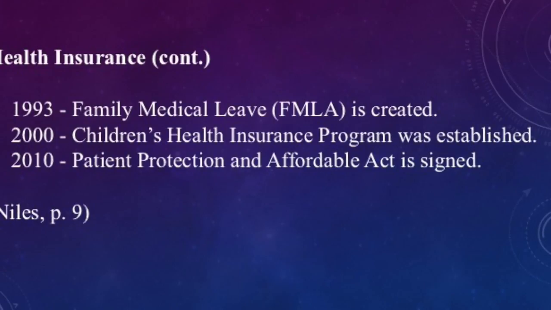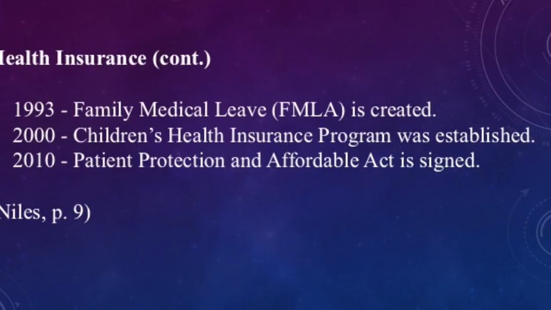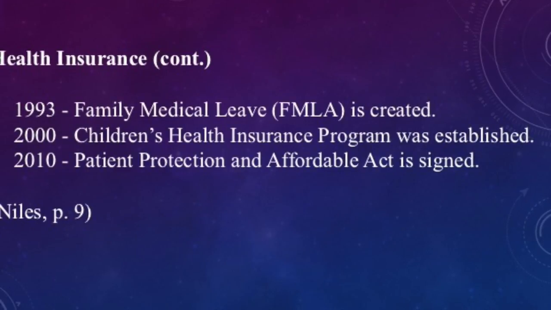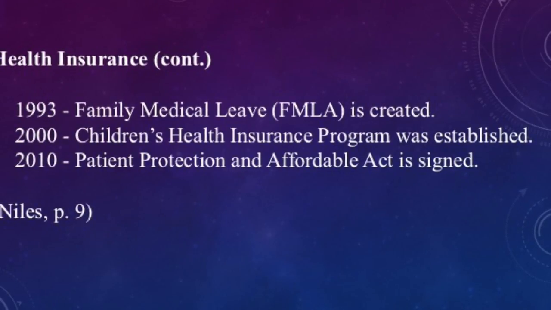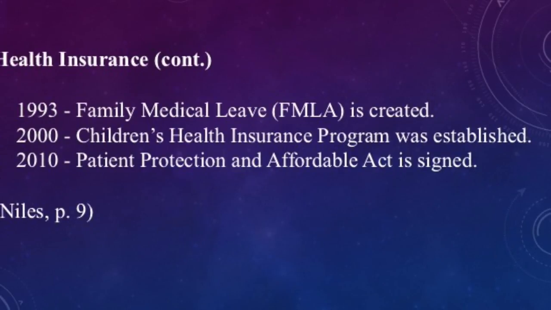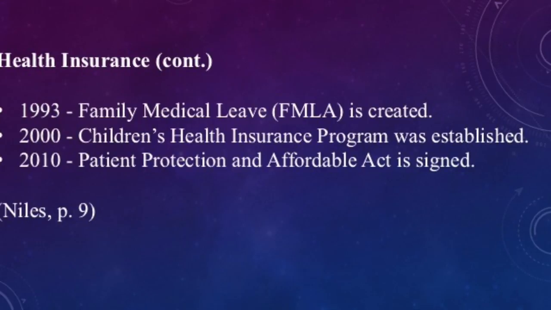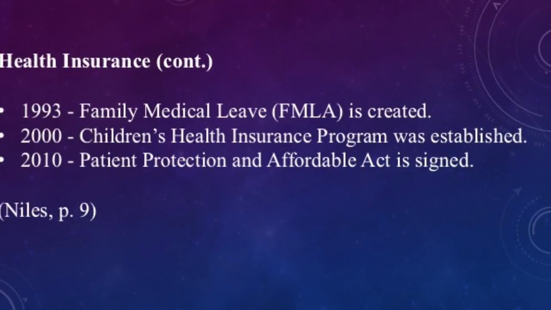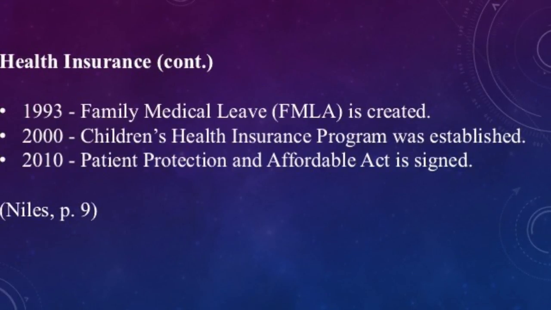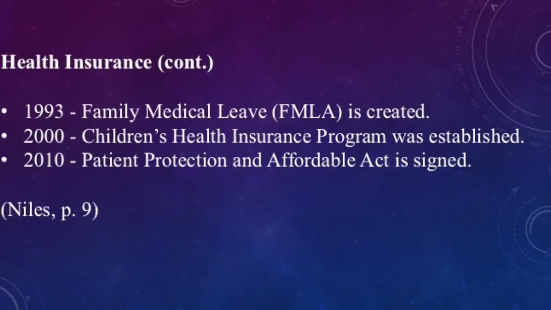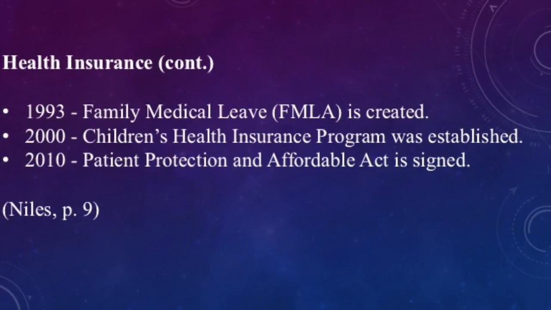In 1993, the Family Medical Leave Act, or the FMLA, is created to provide protection to people that need to take time off because of medical issues and have some protection of their jobs. And in 2000, you have the Children's Health Insurance Program that was established to protect children.